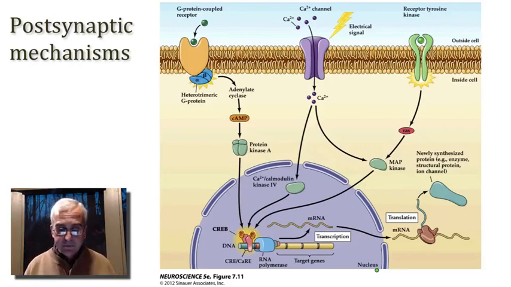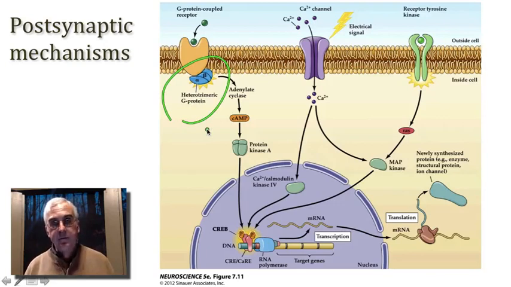So there are pathways that follow the activation of heterotrimeric G protein systems that lead to the activation of regulatory elements such as the CREB binding domain in our genes. And activation of CREB can lead to modification of gene transcription.